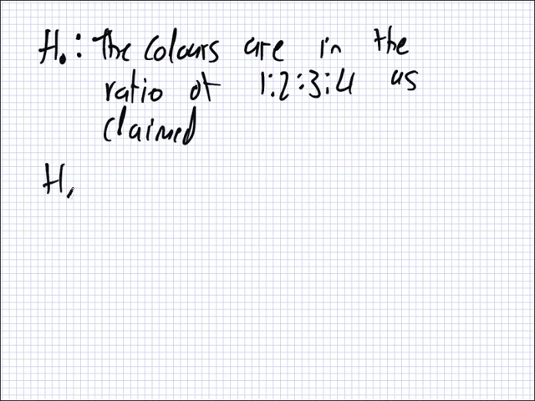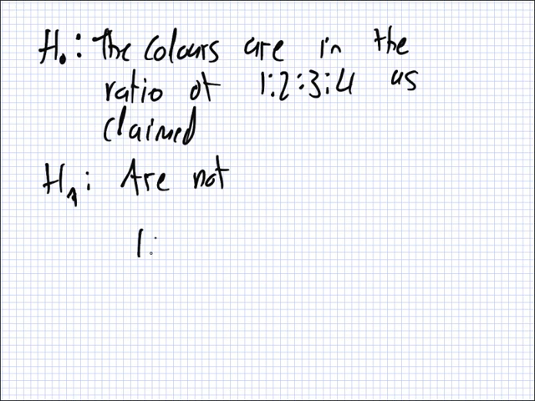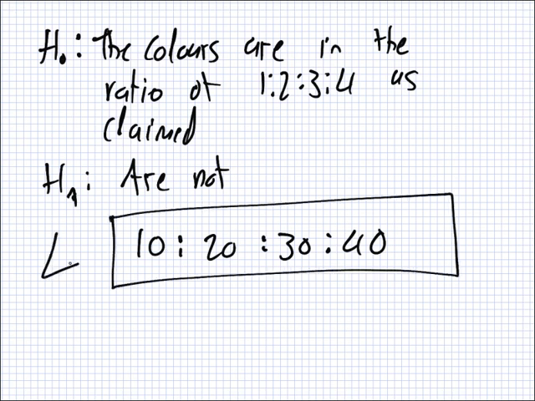And the alternative would be that they are not, basically. Okay, so that's 2 marks in the bag. Next one is work out the expected number. How many bulbs are there? 100. So the ratio should be 10, 20, 30, 40. That was what you expected to get.